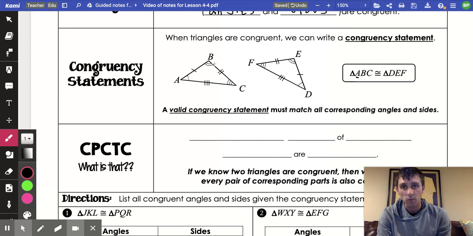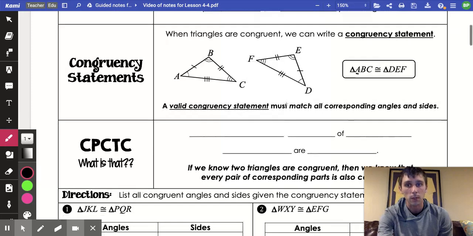B has two, so it would match up with E, which has two. And then angle C has three, would match up with angle F, which has three. And then the sides, so AB is 1, DE is 1 here. BC is 2, EF is 2, and then CA and FD. So they must match, okay?